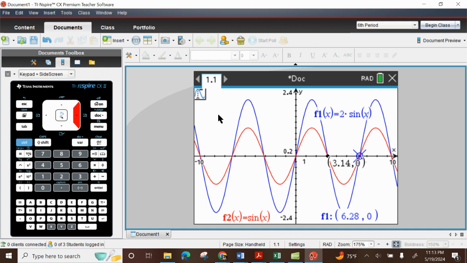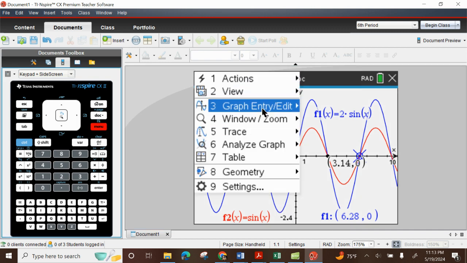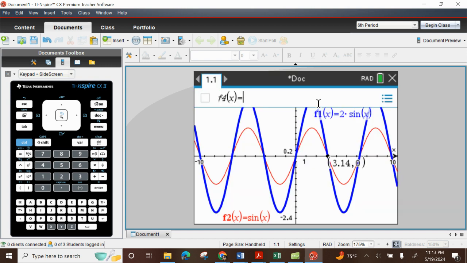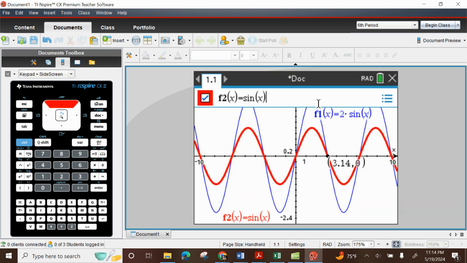So when you look at the two equations, let's go back to my functions. I have 1 times sine of x, which is the red one. And I have 2 times sine of x, apologies for the yawning, which is the blue one. And you noticed what's happened is the amplitude has doubled, what we call the crest.